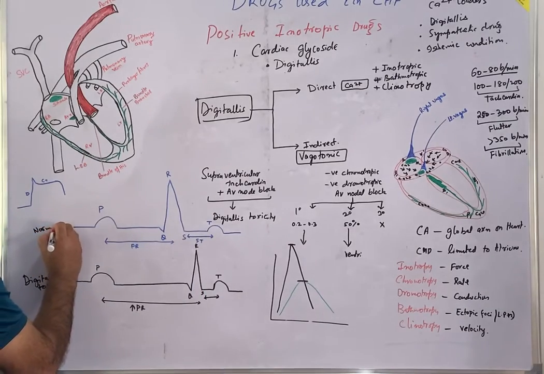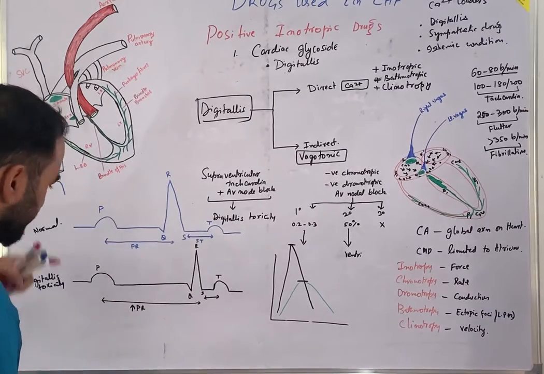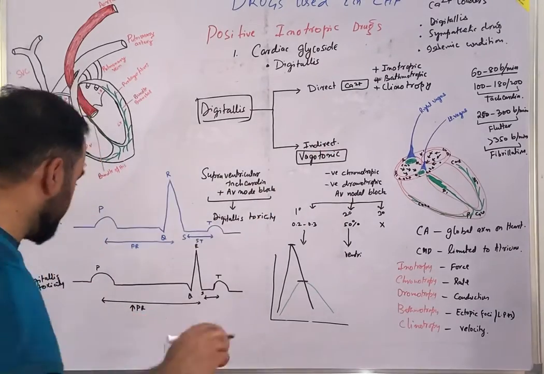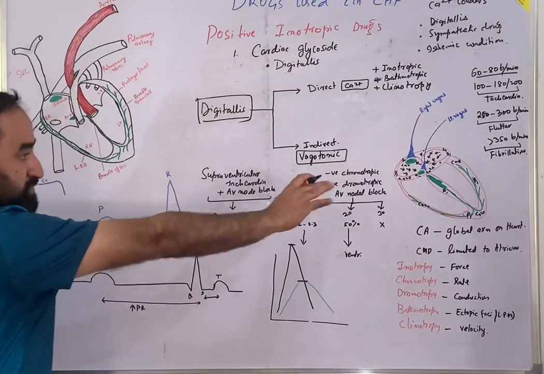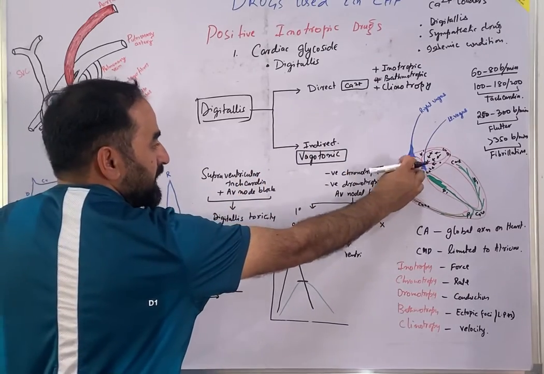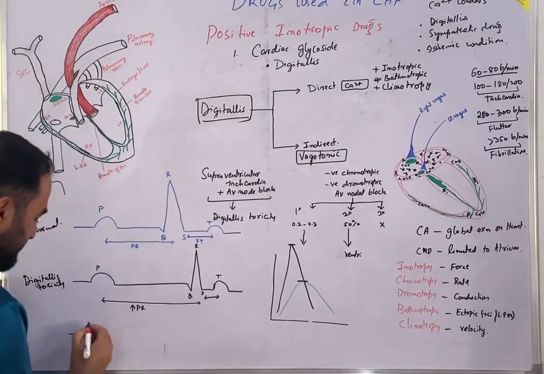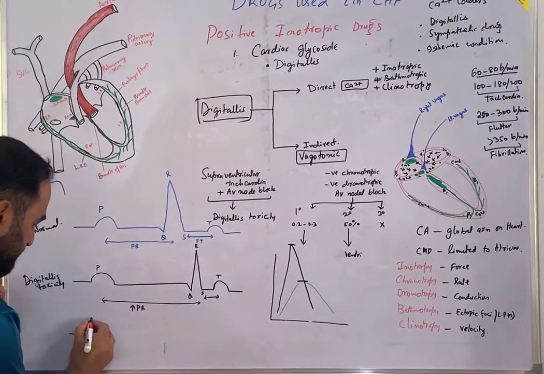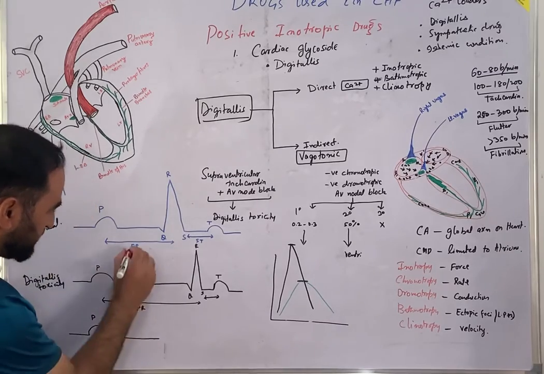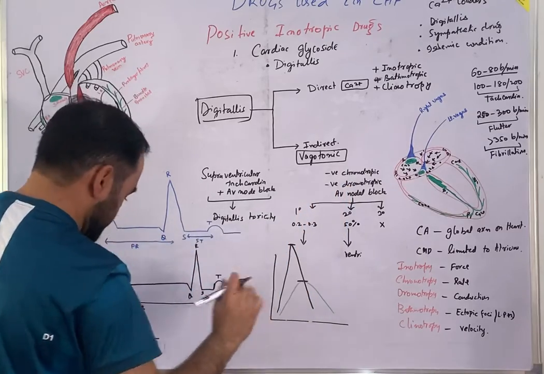This is your normal. And what is the difference from another calcium-loaded condition, for example ischemic heart disease? There is also calcium loading, but in ischemic heart disease there is no blockage of the SA node or AV node. That means the P wave is there, a normal P wave and normal PR interval, because the AV node is not blocked in the ischemic condition.